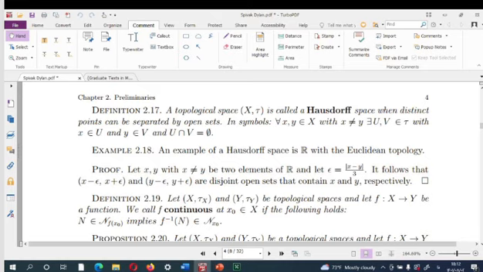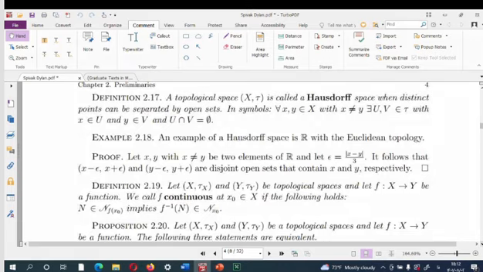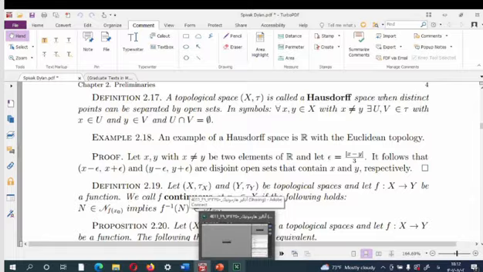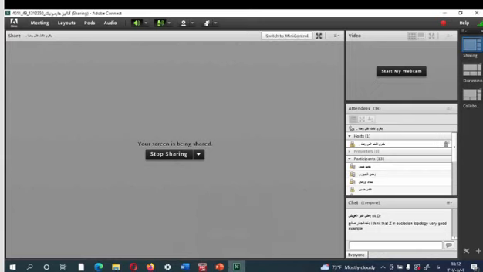Let me define the definition of continuous function in the next session. I think it is enough for this session. Euclidean topology is a very nice example.